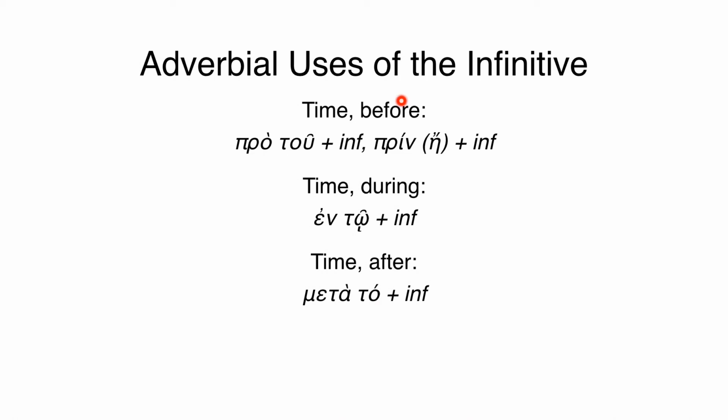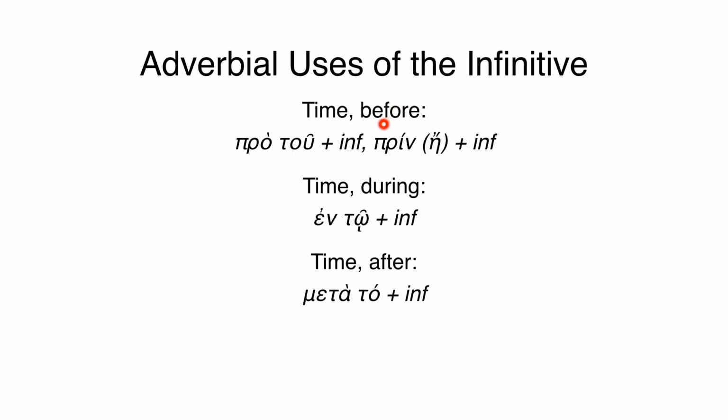So these translations reflect how we will render these infinitives when we're reading the text. But in actual fact, they correspond to different temporal realities than it may seem on the surface. To translate an infinitive before actually regards the infinitival action as occurring after the main verb. In other words, before infinitive, this happened.